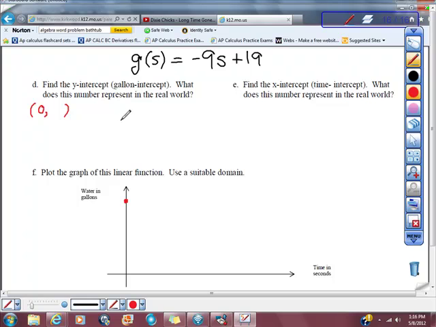So to find the y-intercept, we would take g of 0, and that would give us negative 9 times 0 plus 19. It tells us the obvious. What does it tell us? What's 19 gallons? Now we're talking to somebody who's not a mathematician, and they're saying, well, what does this all mean? What are we telling them about the water in the tub?